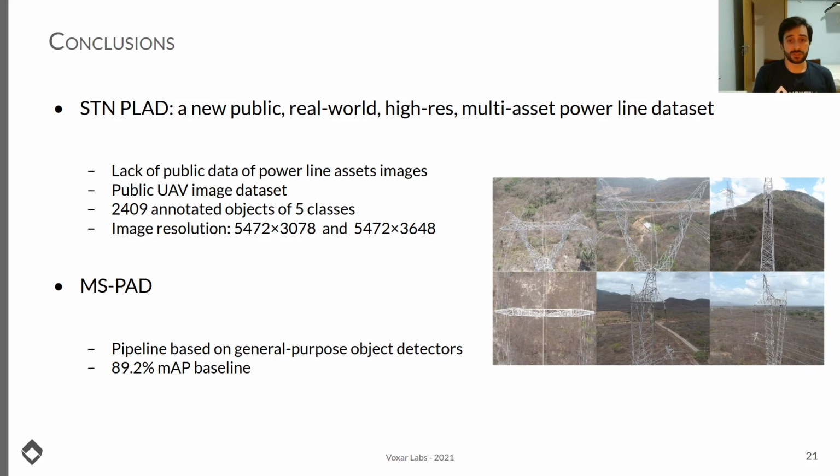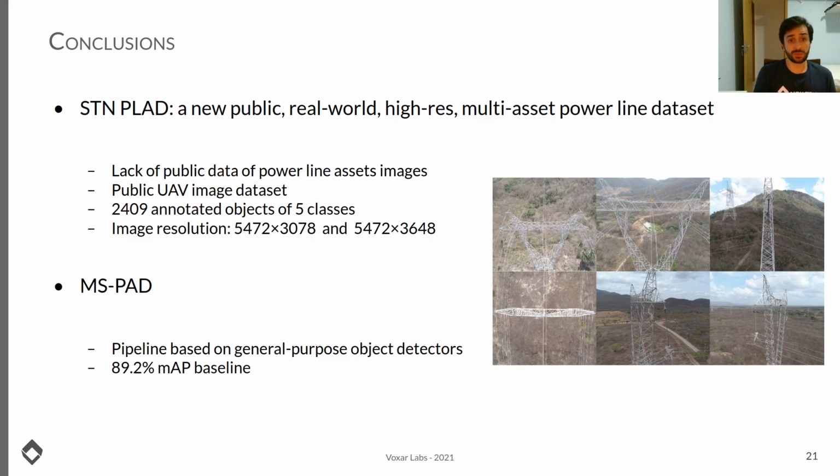So we produced this dataset with UAV images, annotated with more than 2,409 objects divided into five classes, and we are making it public, so anyone can download the dataset as of today from GitHub and start applying and developing new techniques to it.